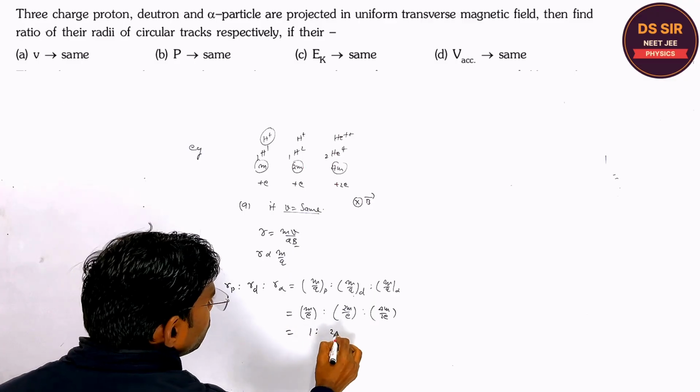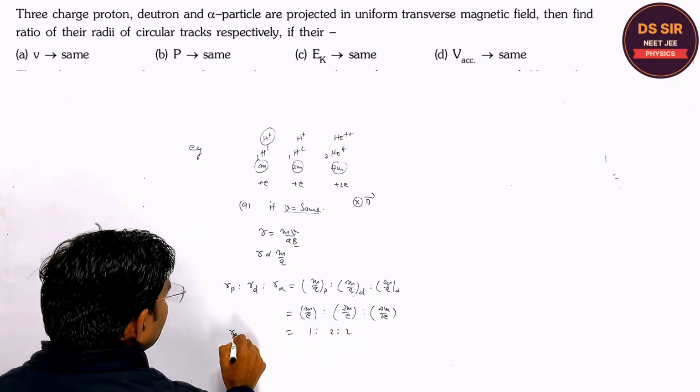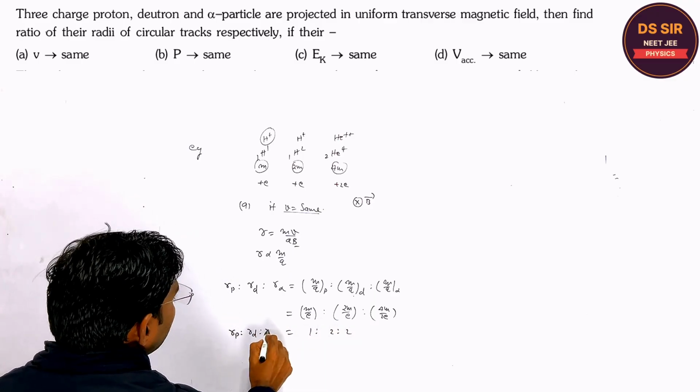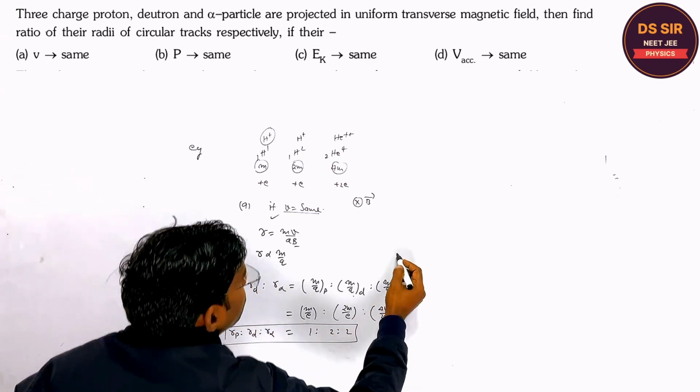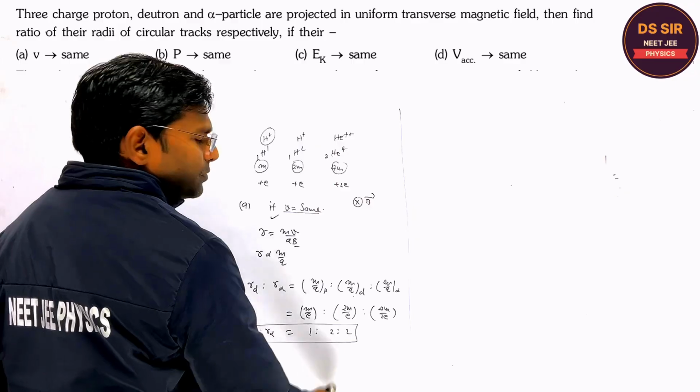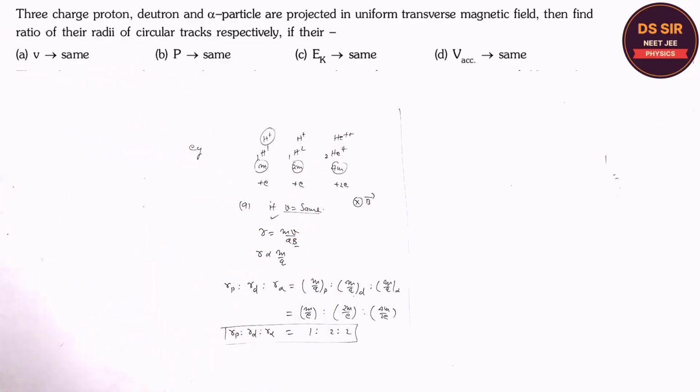So it is 1:2:2. This is the ratio of the radii of the proton, deuteron, and alpha if the speed is the same. You understand this? Yes, sir. Copy this first.